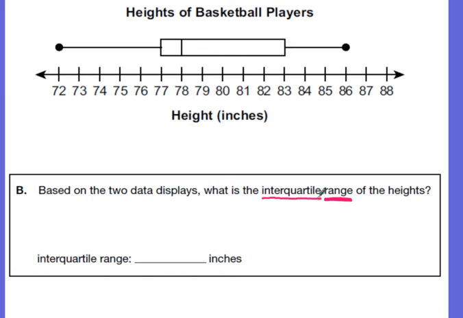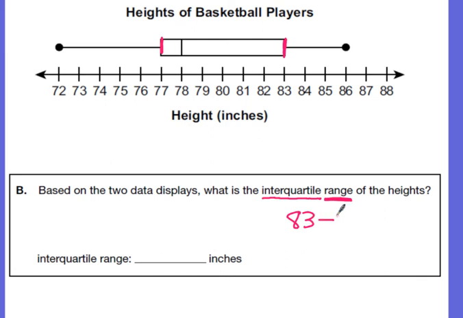Well, here's what you do. You think of it as 83 being the upper quartile or third quartile, 77 being the lower quartile or first quartile. So we're going to subtract those. Like I said, the interquartile range is a type of range, but it's just the range within the quartiles.